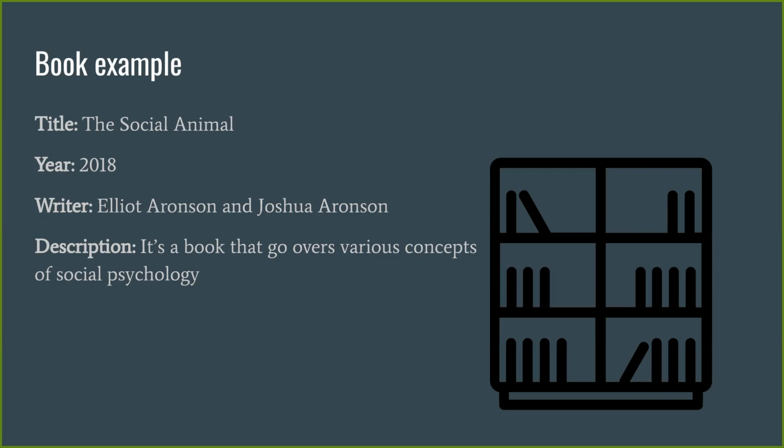For this specific example, the title would be The Social Animal, published in 2018, and the writers would be Elliot Aronson and Joshua Aronson, and the description is a book that goes over various concepts of social psychology. So this is just one example. You can think of other books and store them in a bookshelf.